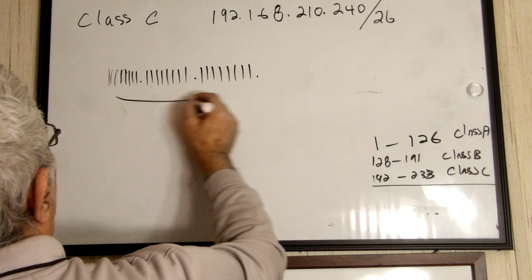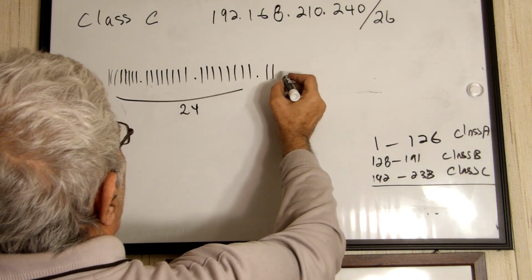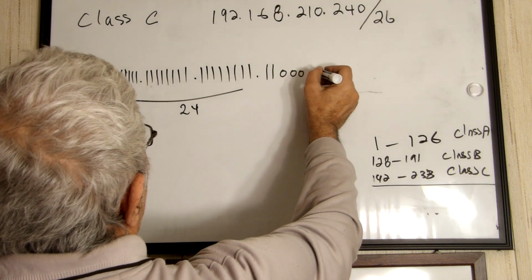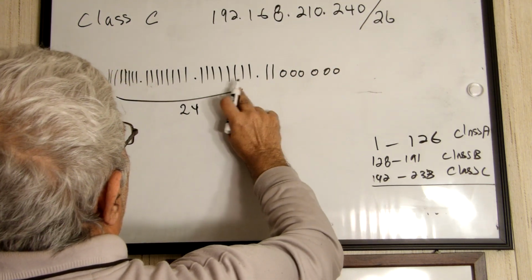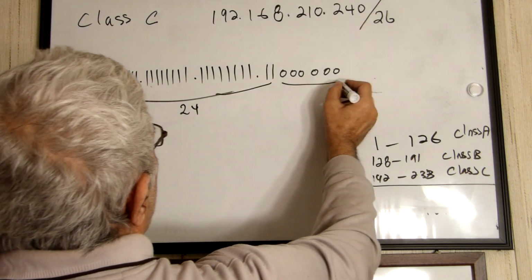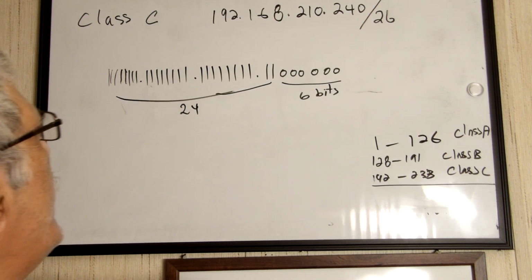This is 24, not 26. Then the rest is 0. And this is 24. From here it's 6 only, 6 bits. Actually, you borrow 2 bits.